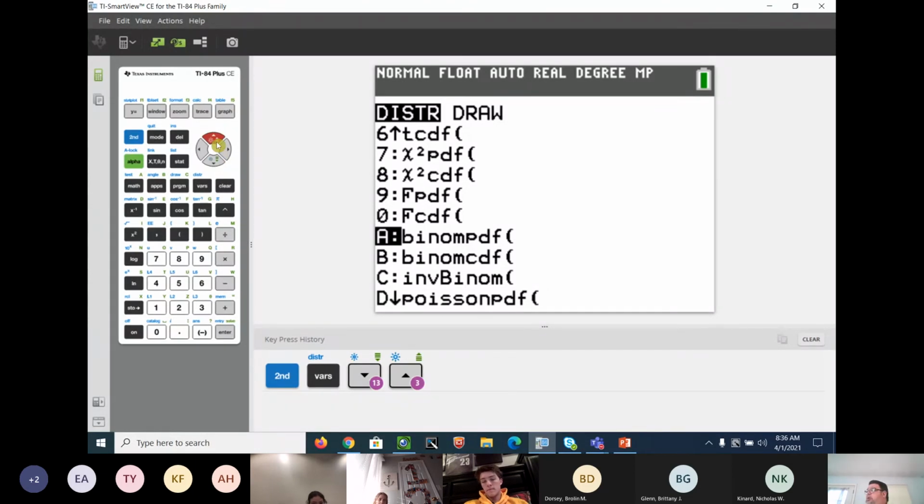Write those down, A and B. Binomial PDF, which means exact, meaning the equal sign. The C for CDF means cumulative, which means the inequalities.